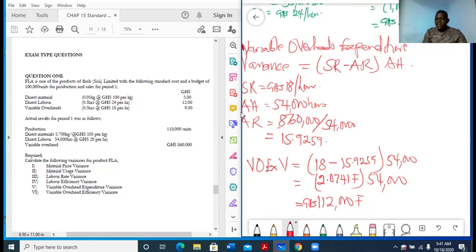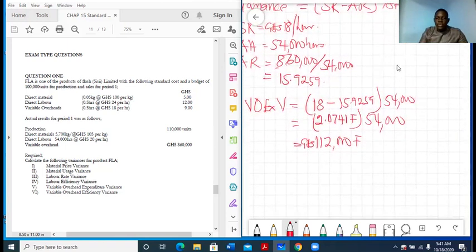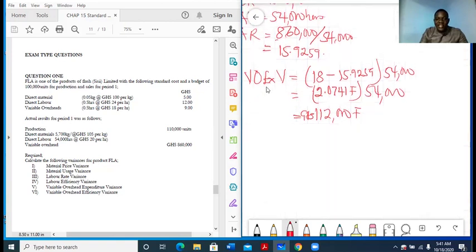Try as much as possible to round to at least 4, but use the raw figures on your calculator to do your computation. If you use the rounded figures for the computation, you may have some differences. So that is the variable overheads expenditure variance.